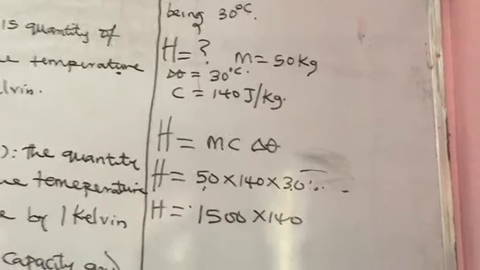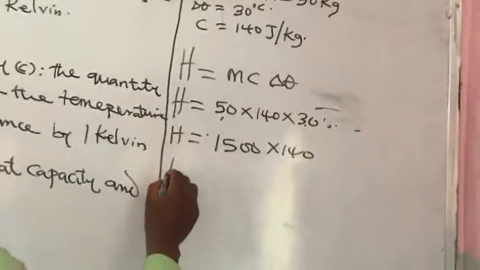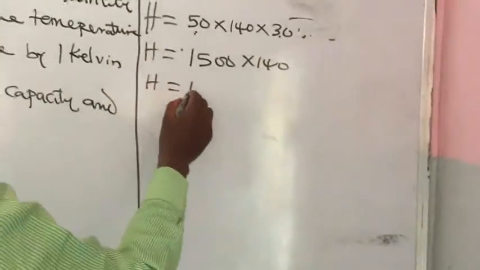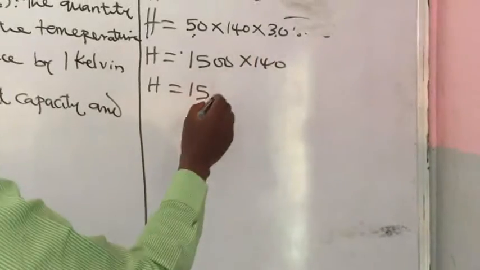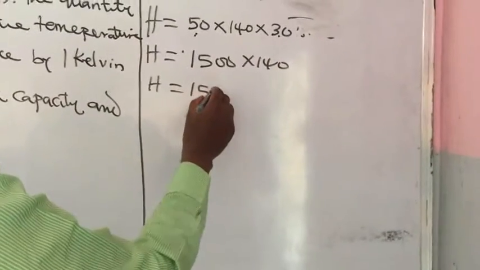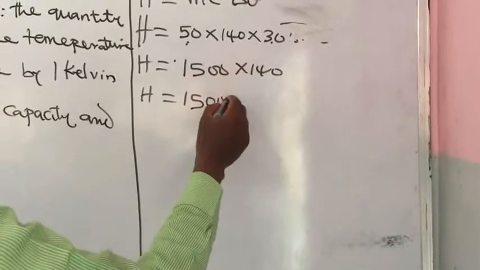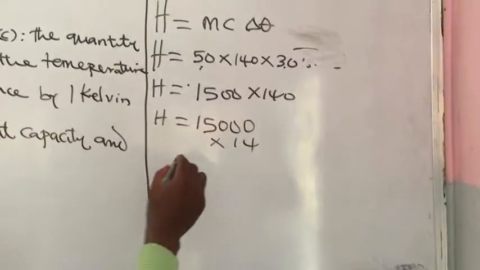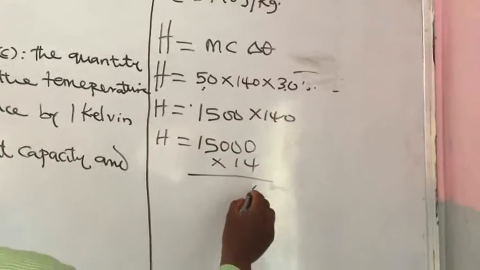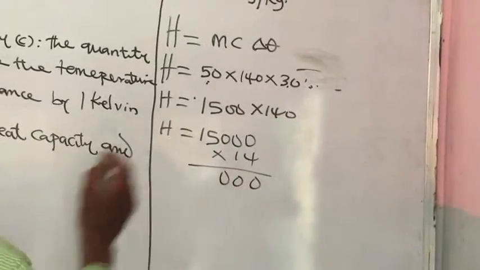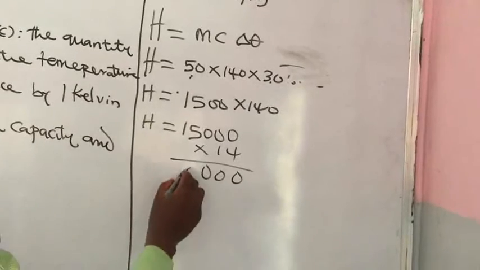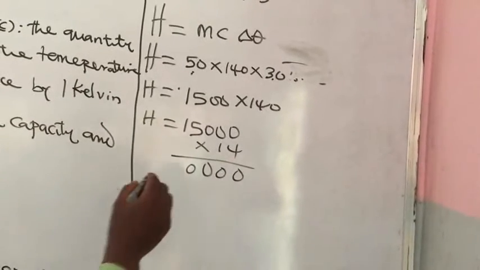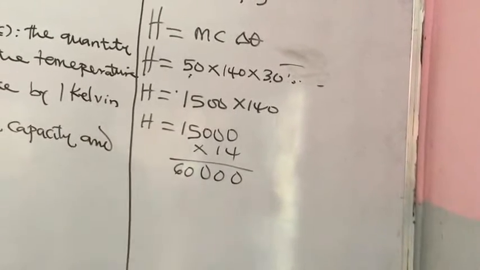We do that again, we have H is equal to 1,500. I put the 0 on it. The 1,500, so I add the 0, then I times it with 14. 4 times 0, 0, 0, 0. 4 times 5, 20, carry 2. 4 times 1, 4 plus 2, I have 6.